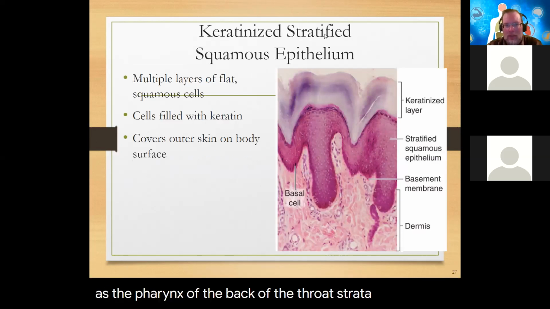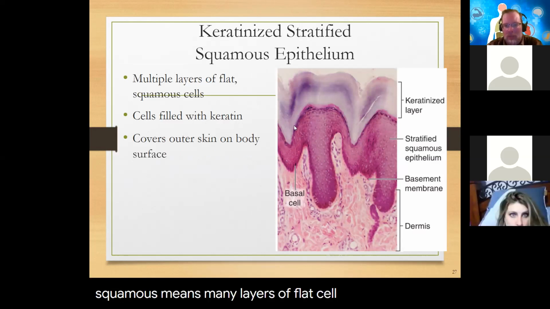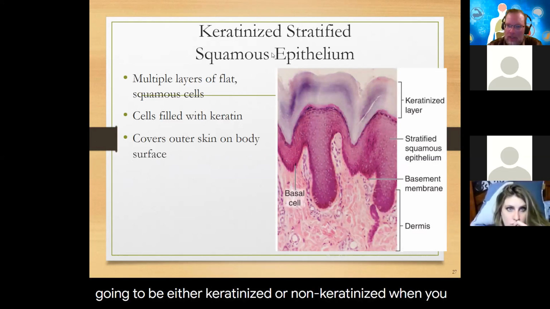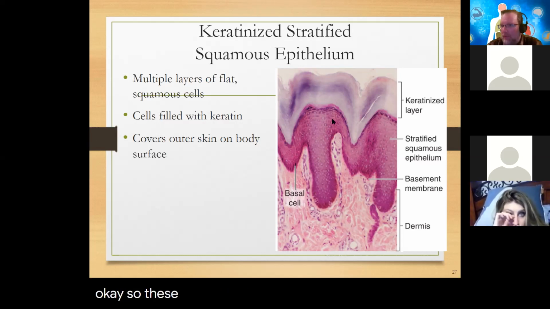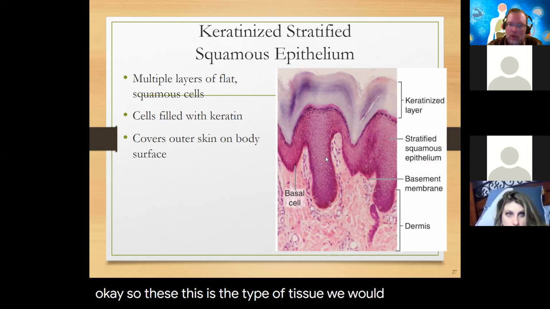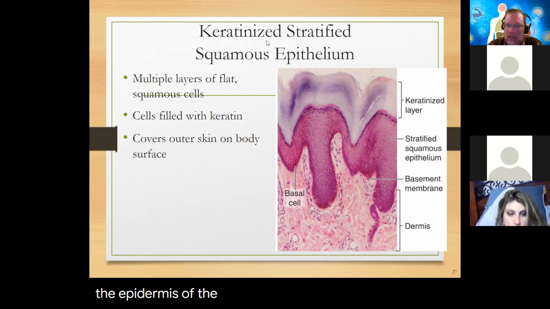Stratified squamous means many layers of flat cells, and these are going to be either keratinized or non-keratinized. When you see this word keratinized, it simply means hardened. Okay, keratinized means hardened. So this is the type of tissue we would see with the epidermis of the skin. We would see keratinized or hardened multiple layers of flat cells.